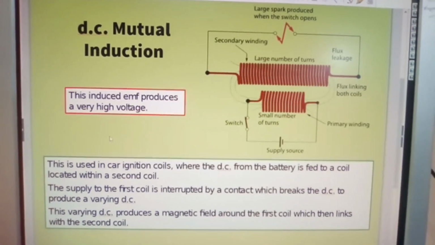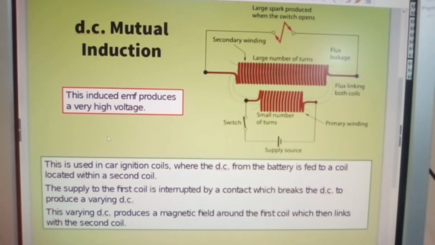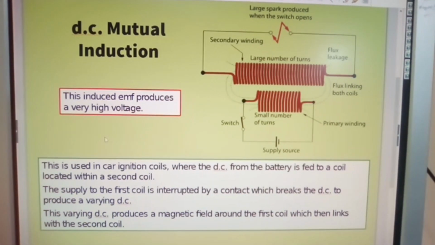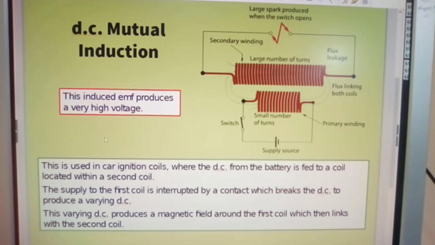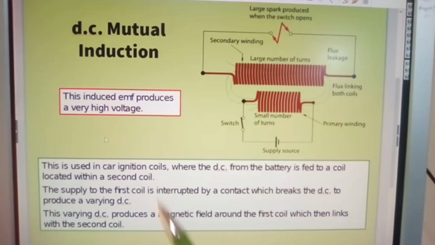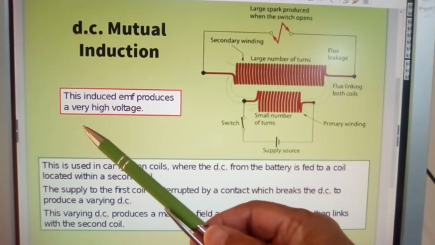When the breakers open, you get a high voltage induced which goes across the spark plugs to fire and ignite the fuel in the cylinder.